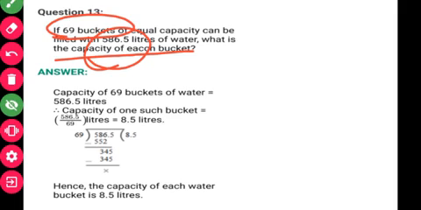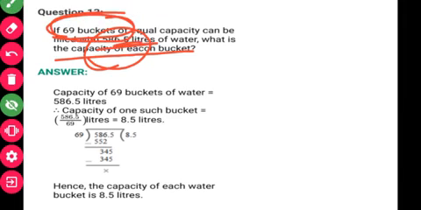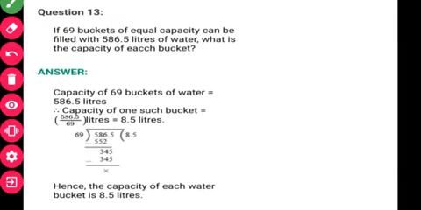So 69 buckets of equal capacity are filled with this much water. What is the capacity of each bucket? So the capacity of 69 buckets is 586.5. So the capacity of one bucket is 586.5 upon 69.